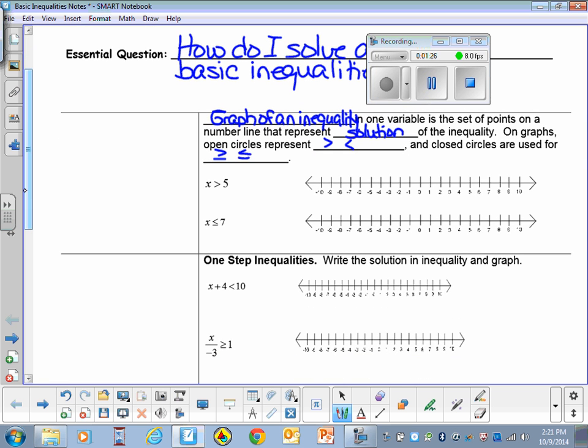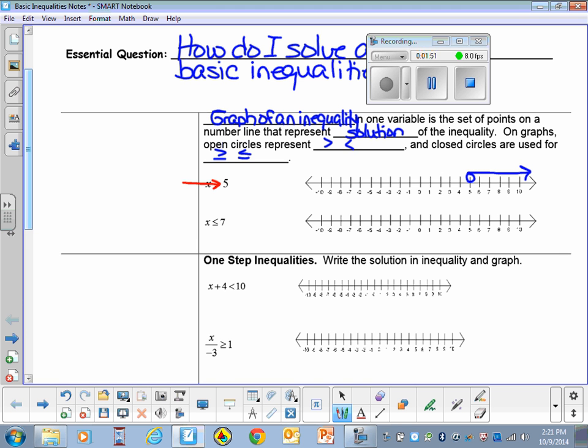So let's look at the first one we're trying to graph. X is greater than 5. So I want an open circle at 5. And then I want you to take a look at this greater than sign. It actually forms my arrowhead pointing me up the number line, so I draw my arrow going up the number line.